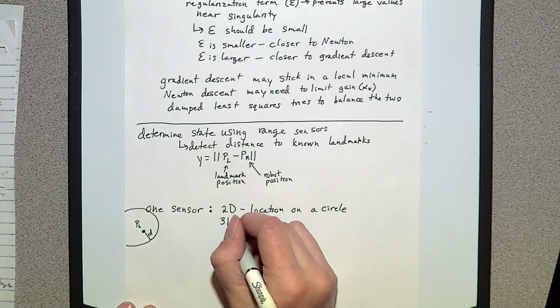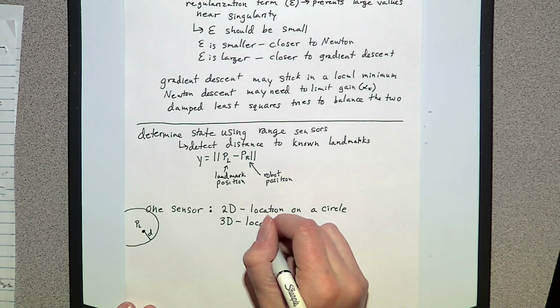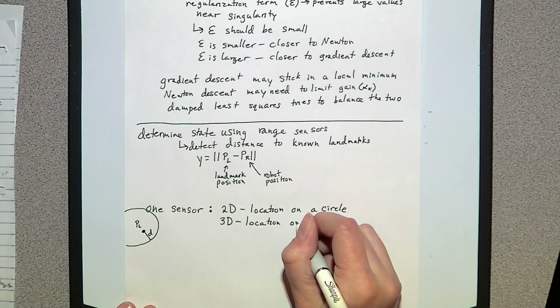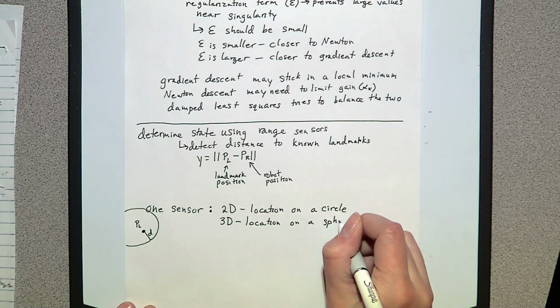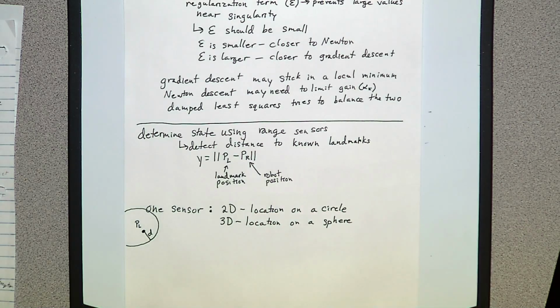If we have a 3D case, then it would be a location on a sphere. Same kind of idea: it only tells us the distance from that landmark, so we could be anywhere around that landmark at that distance.